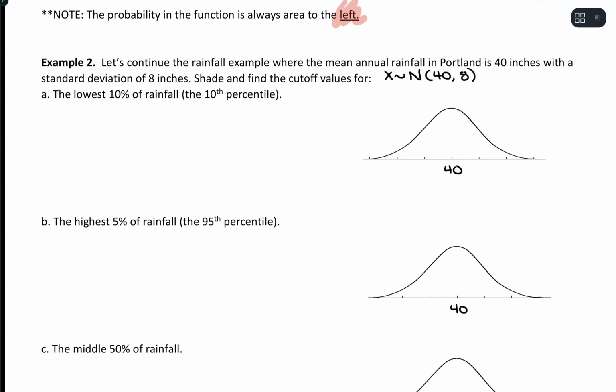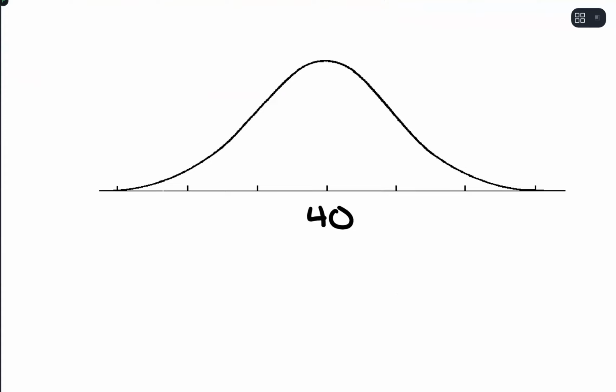So we want to shade and find the cutoff value for the lowest 10% of rainfall. This lowest 10% is the idea of the 10th percentile. On my picture, I have my bell-shaped curve, 40 in the middle.